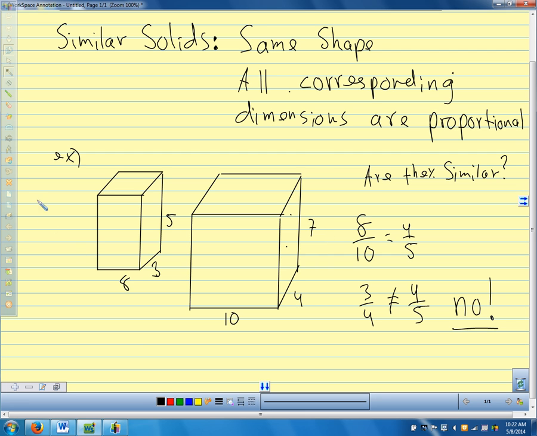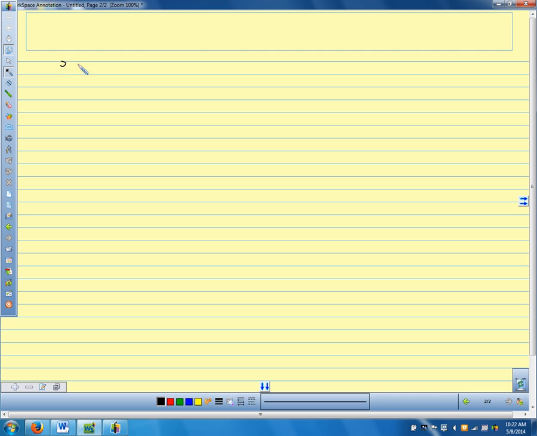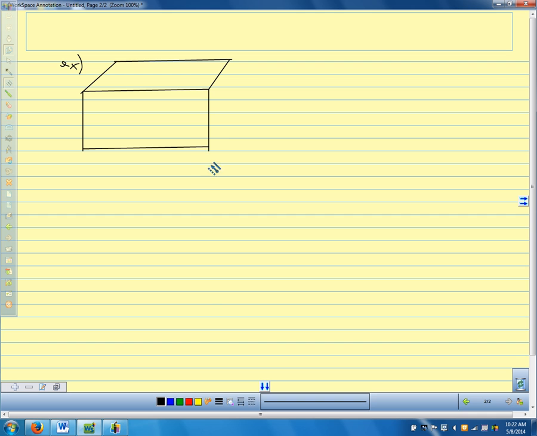So let's look at another example. Here are my boxes, my rectangular prisms. This made me think of a question.